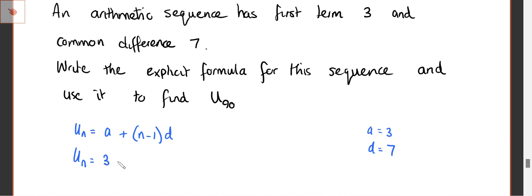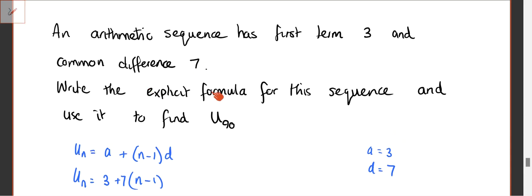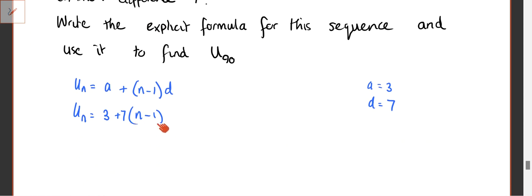So we've got 3 plus n minus 1 times 7, and I think you did put the 7 in front, didn't you? Which is good. Everyone happy with that? Yeah, we talked about that. It says in the question, write the explicit formula. That's the explicit formula. Don't need to go any further.